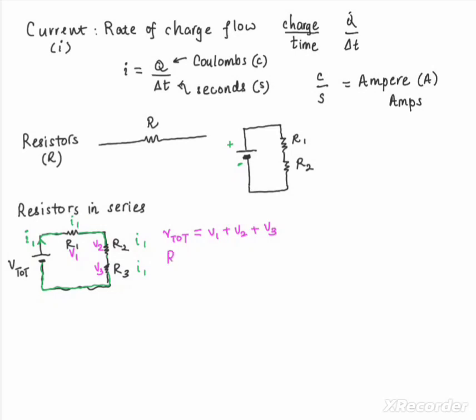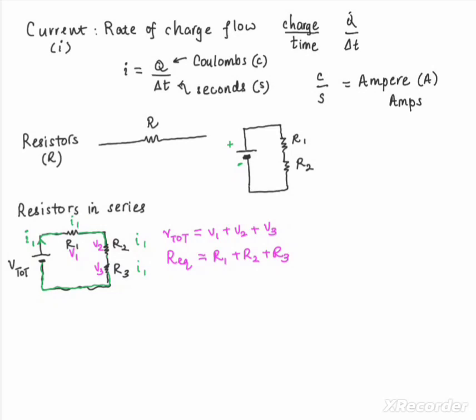Also, if we are looking at the equivalent resistance, if we were to take out all three resistors and just put one other resistor in, a fourth resistor, that has the same equivalent resistance of R1, R2, and R3 combined in series, that fourth resistor must have R1 plus R2 plus R3.